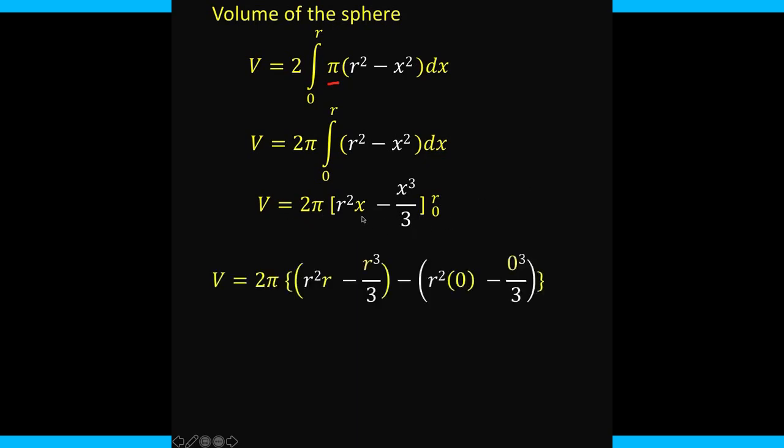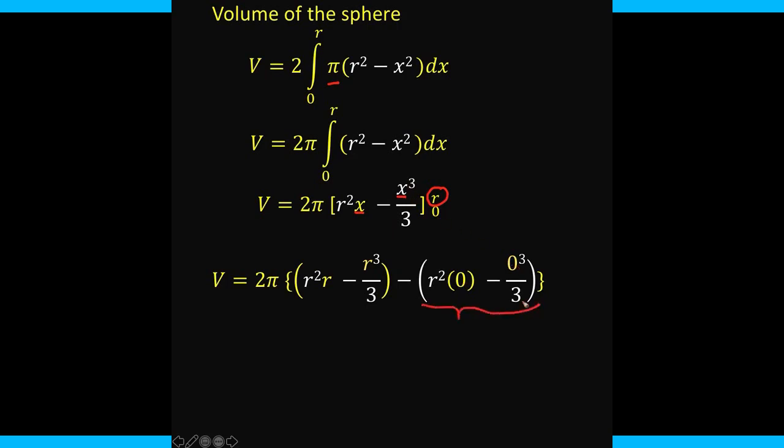Evaluating at x equals r, we copy the 2 pi, we copy the r squared, we replace x by r to get r squared times r, copy the minus, we replace x by r again to get r cubed over 3, minus, then evaluate the same expression at x equals 0. And so we replace this x by 0, we replace this x by 0.